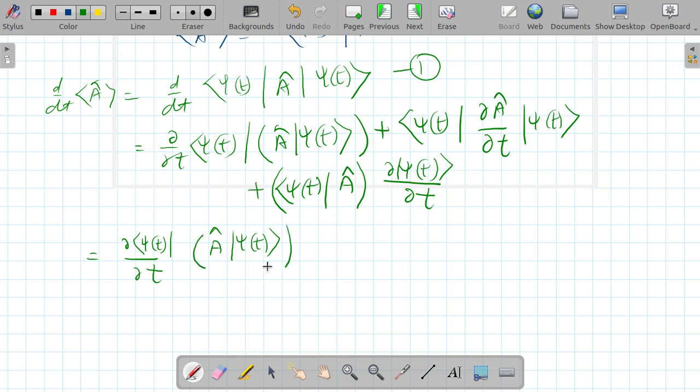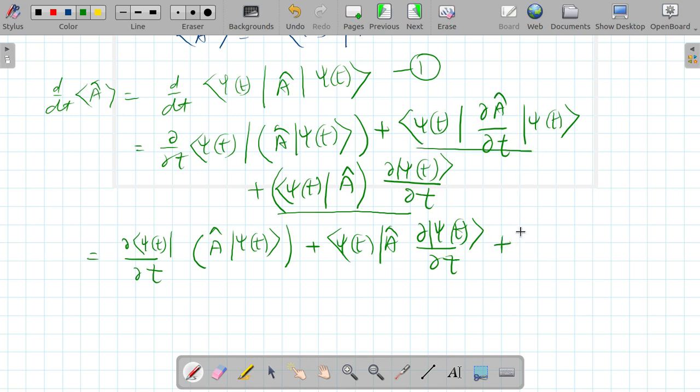This part I have written here, and then I will write down this part now with it, plus psi t A operator, and this curly psi t over curly t, and this I will put in the last.